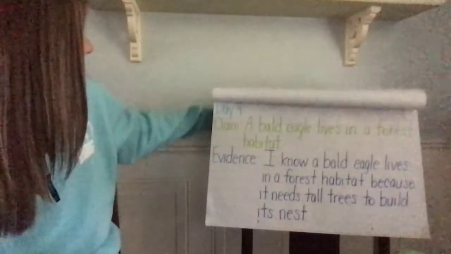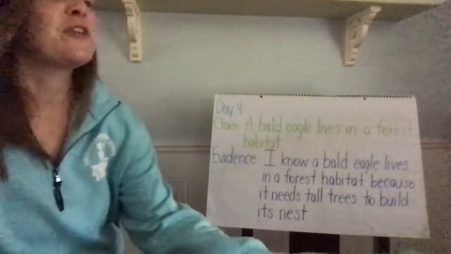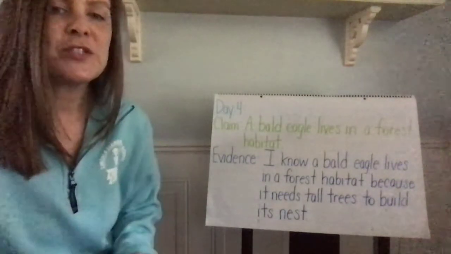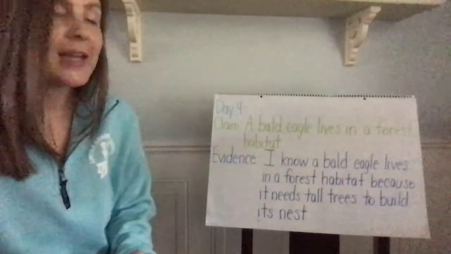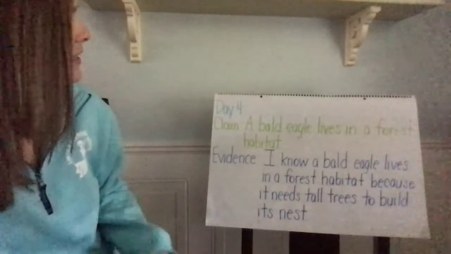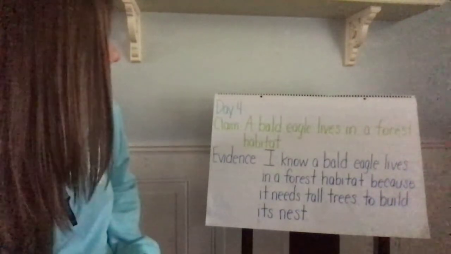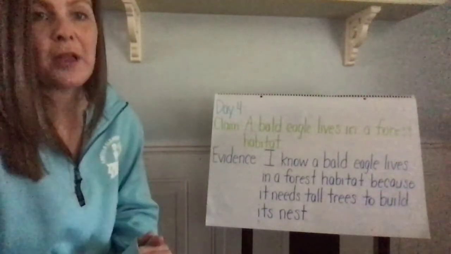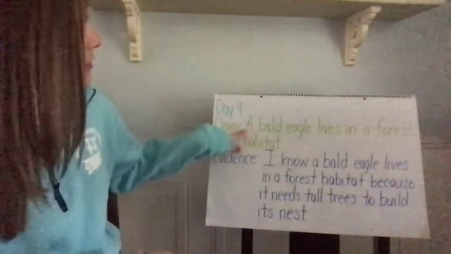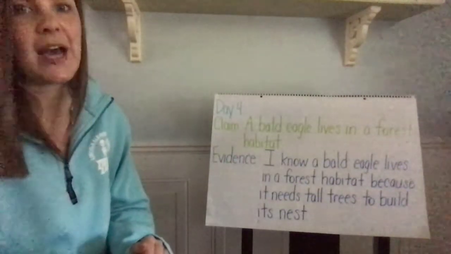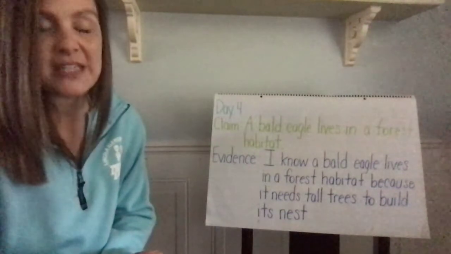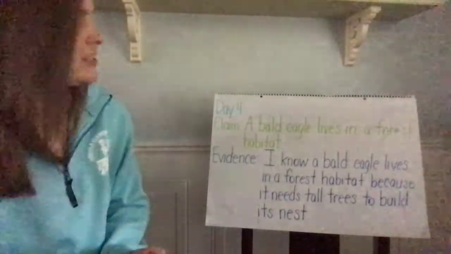So I had gotten some different claims and evidence from some different students, and a very popular animal that I had heard about was the bald eagle. And the claim that I put together from a lot of different students was that a bald eagle lives in a forest habitat. So the bald eagle is in the forest and not the rainforest habitat.